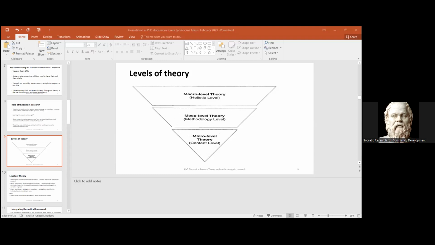So that's how we could distinguish between theory and philosophy, but all of them are important to be clear about when we are proceeding in our research.